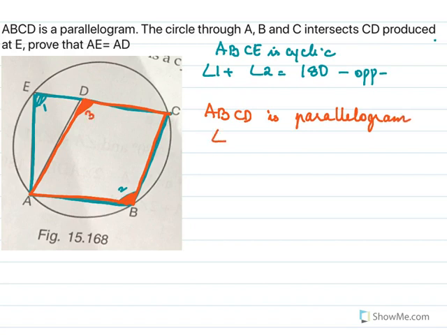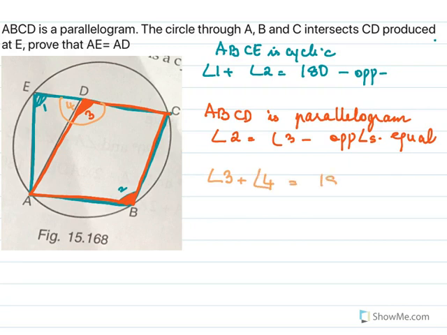So I put this as 3. So angle 2 equals angle 3, opposite angles of a parallelogram are equal. I have a linear pair. If I put this as 4, this is a linear pair. So angle 3 plus angle 4 is 180, and that is a linear pair.